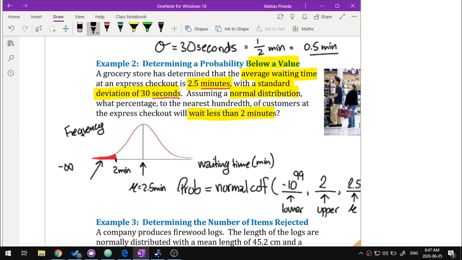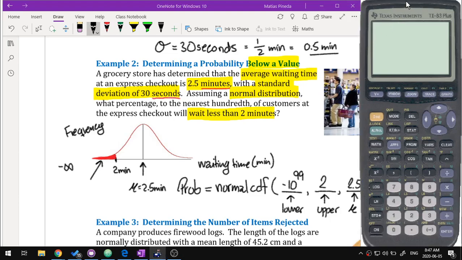So now we're going to be using our calculator. We're going to turn it on, and then we're going to go to second function and the vars button. When I press the second function, I'm going into the DISTR menu, it says DISTR on top here in yellow.